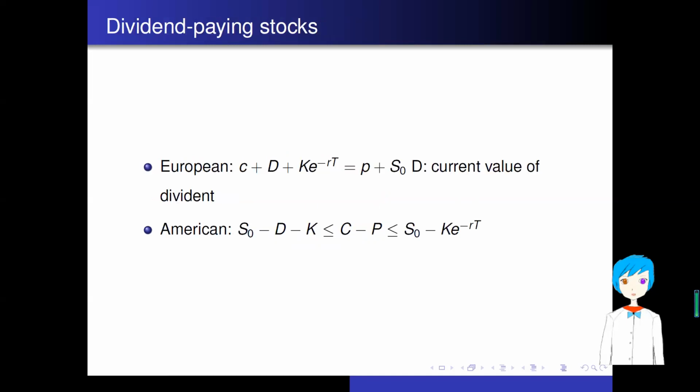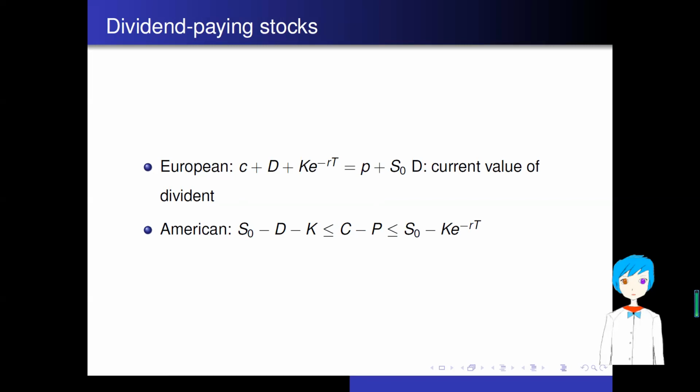For a European option on a dividend paying stock, we also have the put-call parity, which is that the price of the call option plus the present value of the dividend plus K times e^(-rT) equals the price of the put option plus the spot price.